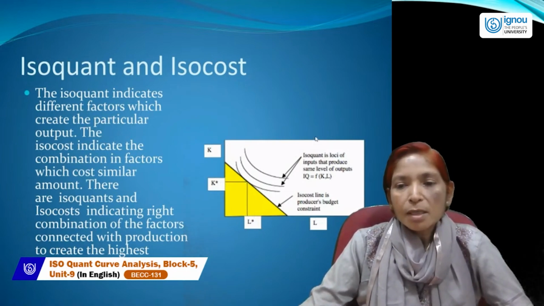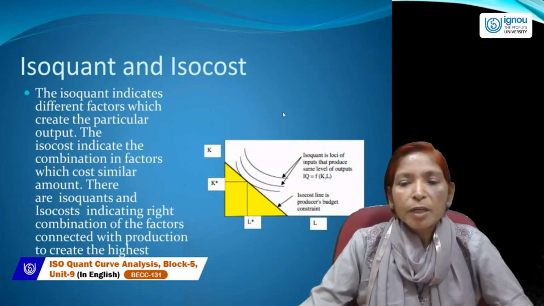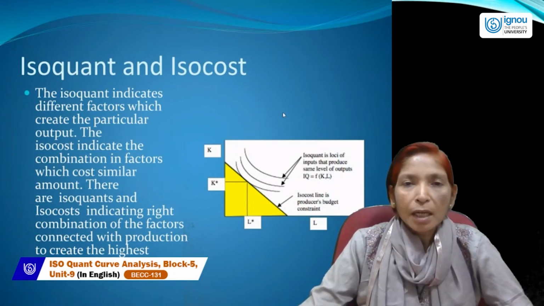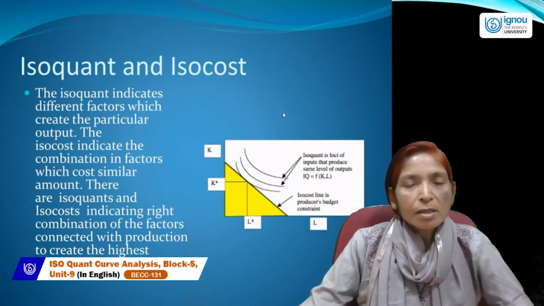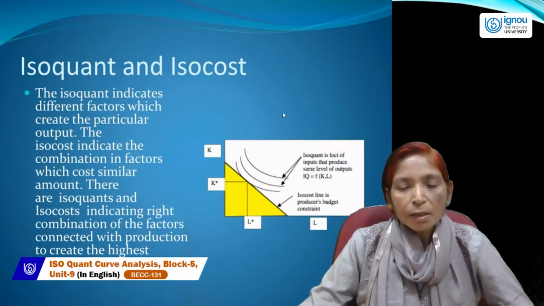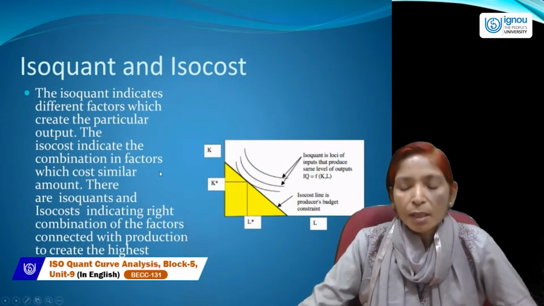So isoquant is the locus of inputs that produce the same level of output, and isocost line is the producer's budget line. In indifference curve, we use the budget line word or price line word, but in case of isoquant curve, we show it by isocost line.